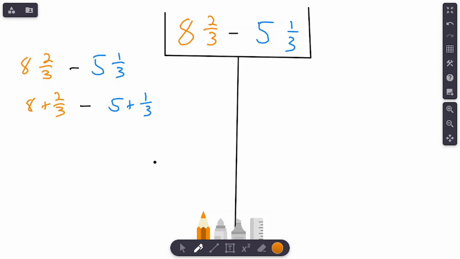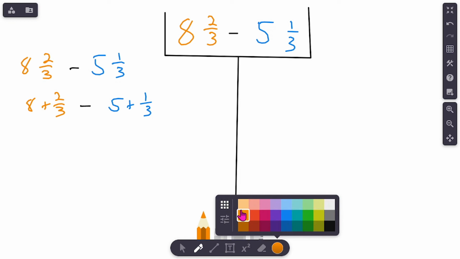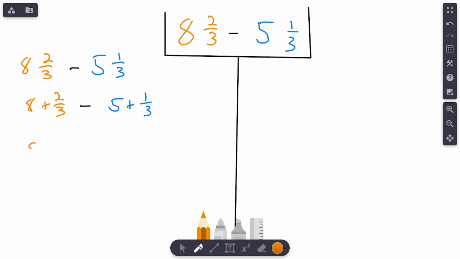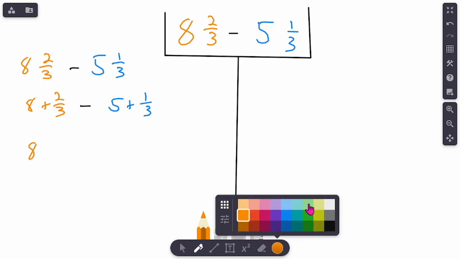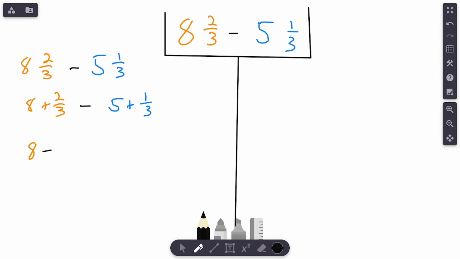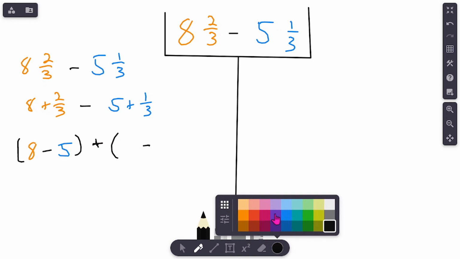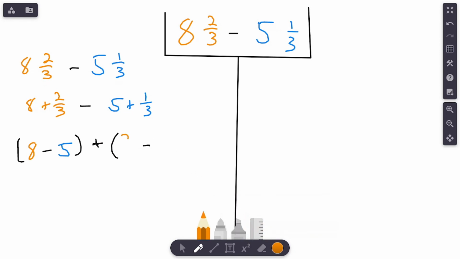So now let's rearrange this. Let's put the whole numbers together. So we're going to have 8 minus 5, and then we're going to add the fractions after we subtract them. The fractions are 2/3 minus 1/3.